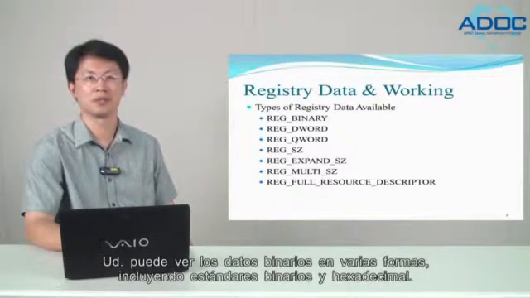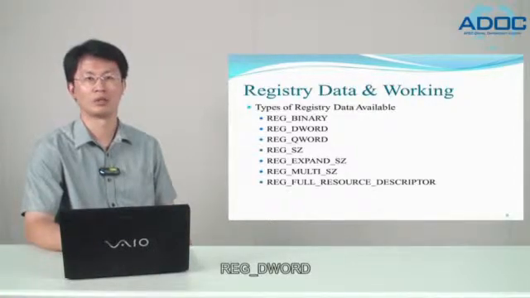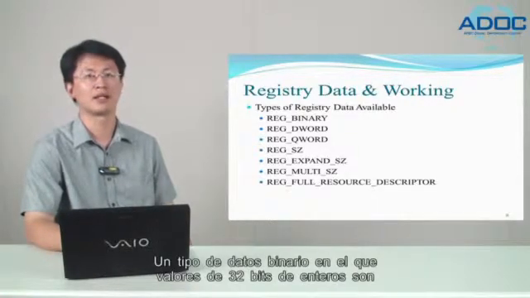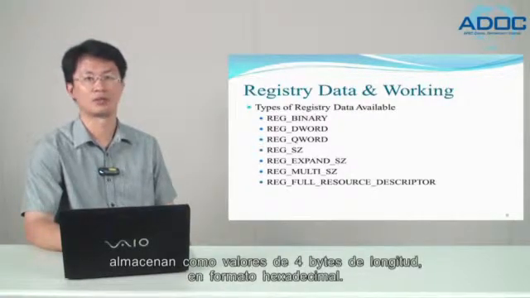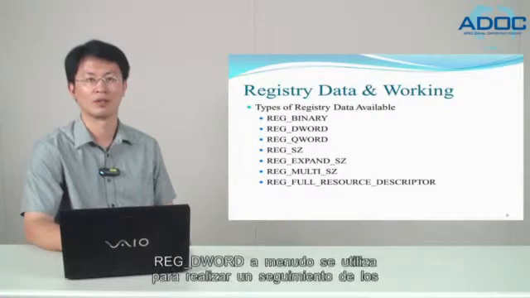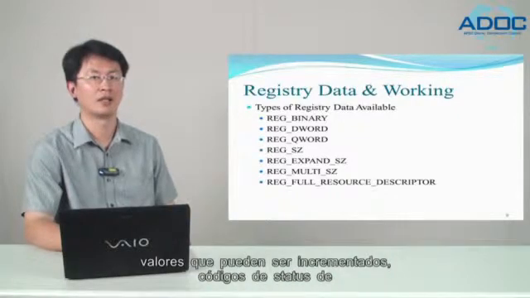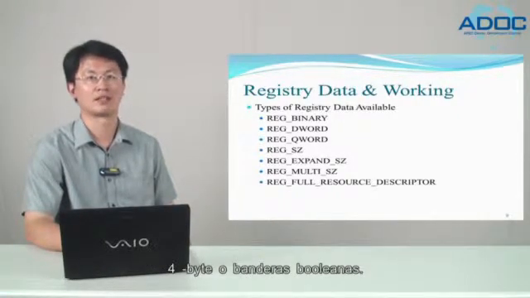You can view binary data in several forms, including standard binary and hexadecimal. And REG_DWORD, a binary data type in which 32-bit integer values are stored as 4-byte length values in hexadecimal. REG_DWORD is often used to track values that can be incremented, 4-byte status codes or Boolean flags.